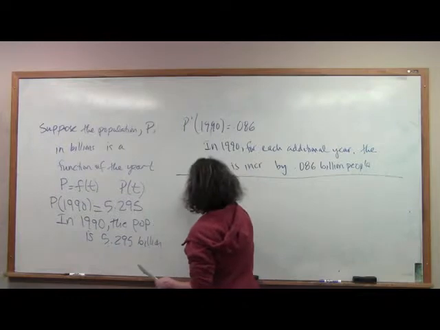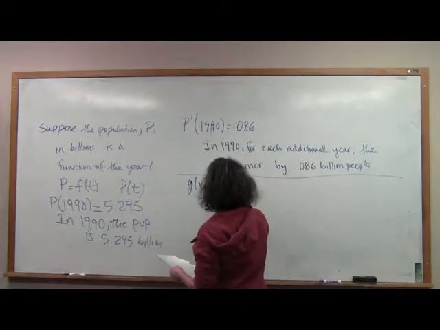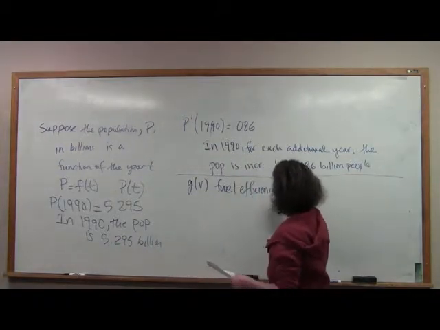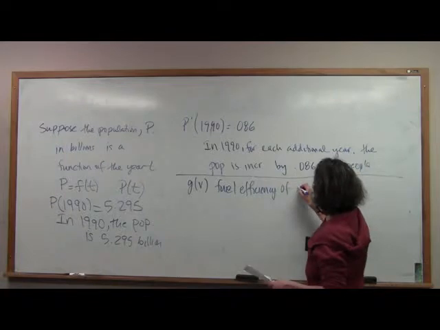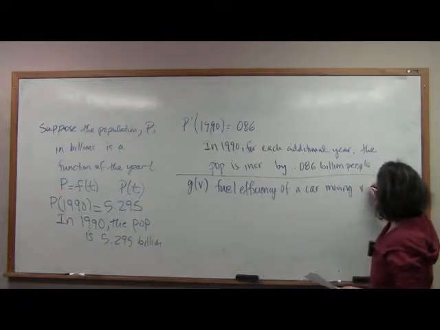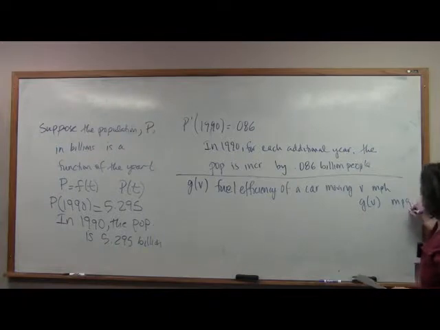Let's say that here G of V represents the fuel efficiency of a car moving V miles per hour, and my function G of V is in miles per gallon.